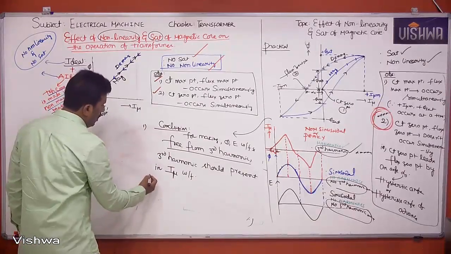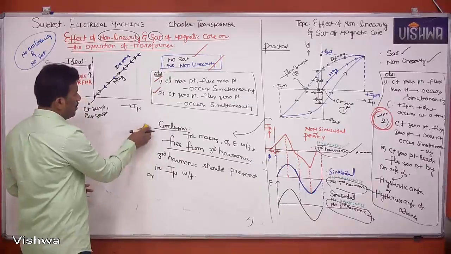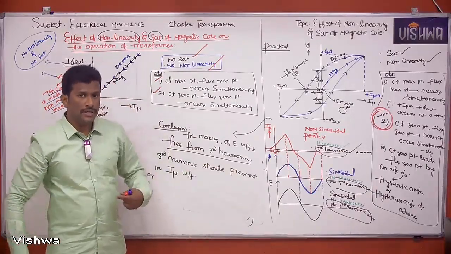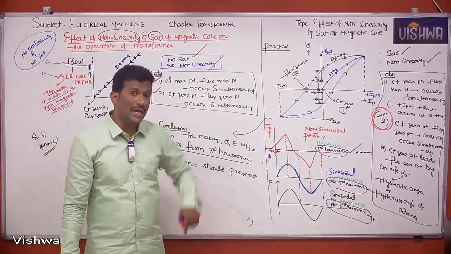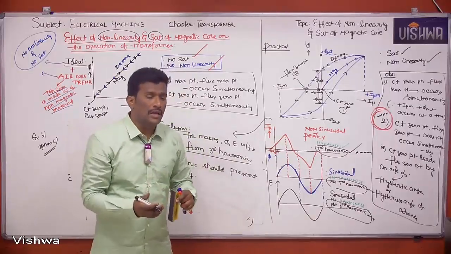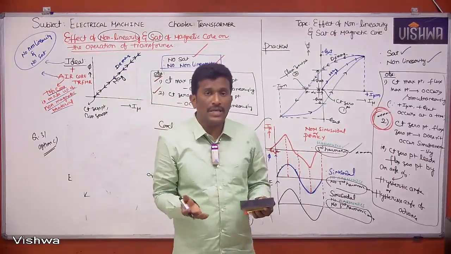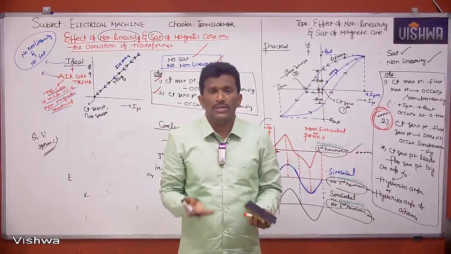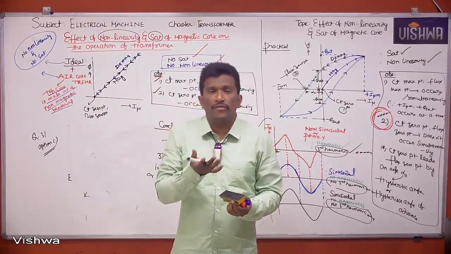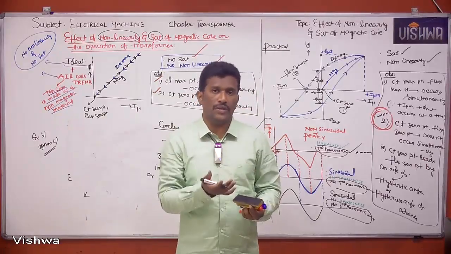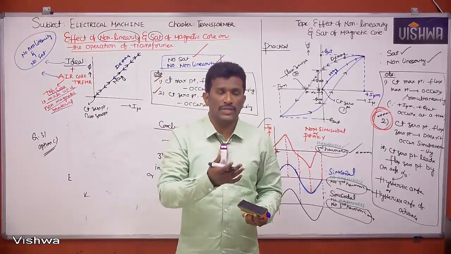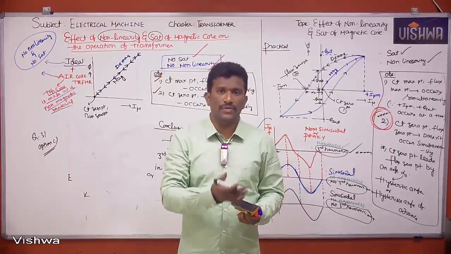So indirectly, that means you want to say that I need third harmonic in a current waveform. We need third harmonic current in the I mu waveform. That means there should be a path for third harmonic currents from phase to phase, from R phase to Y phase, R phase to B phase, Y phase to B phase, or A phase to B phase, B phase to C phase, C phase to A phase.